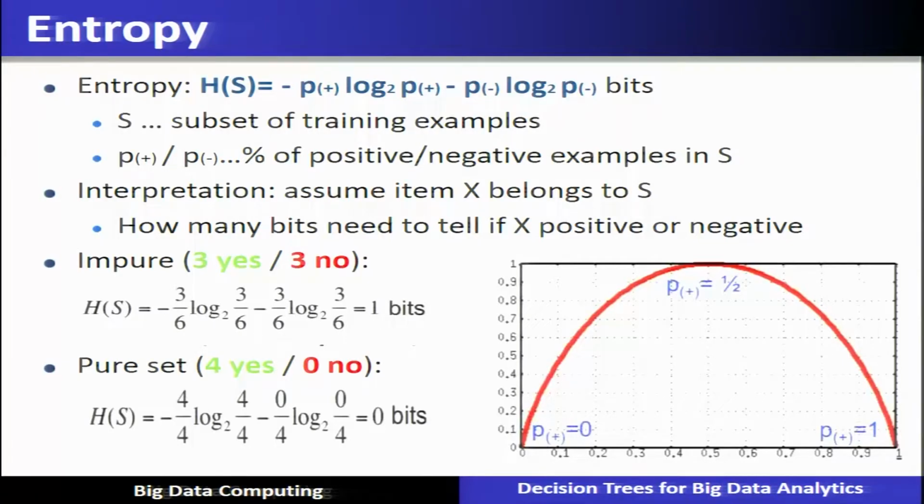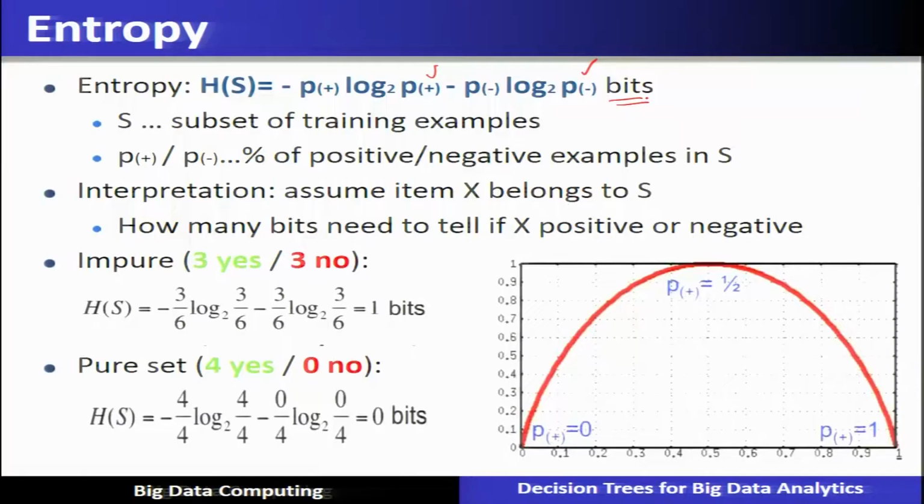So entropy is represented by H(S) here, and there are two variables, let us say p plus and p minus. So that is minus p plus log to the base 2 p plus, minus p minus log to the base 2 p minus, and this is nothing but the number of bits.